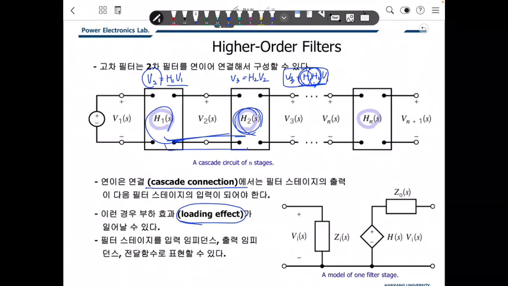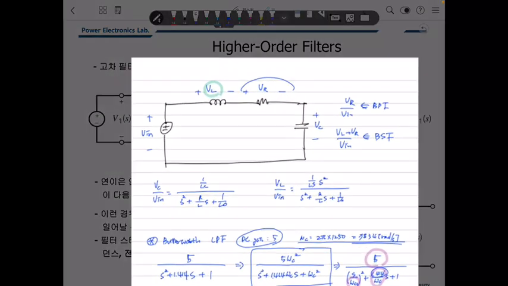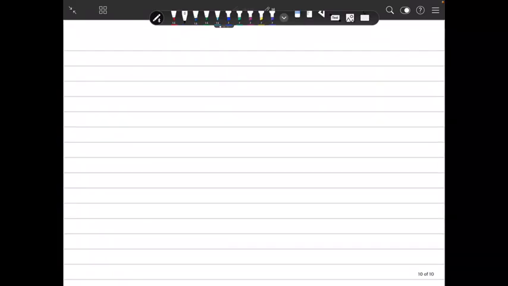That means this connection of two filters does not affect each other. Then we can use the cascade design in this manner. We call this the load effect. The simple way to explain the load effect is this.